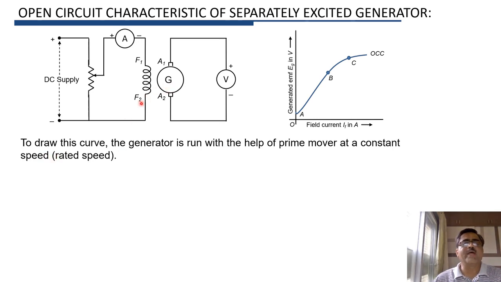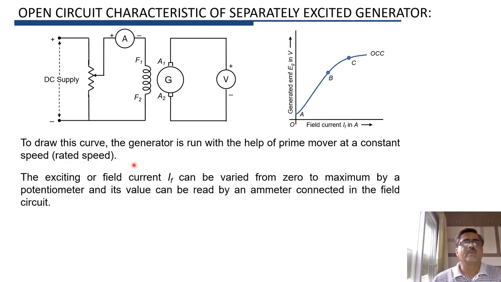We have to maintain the speed of rotation constant, and normally the speed is maintained at rated speed. Now here the excitation is provided by a separate independent DC supply because the type of generator is separately excited.